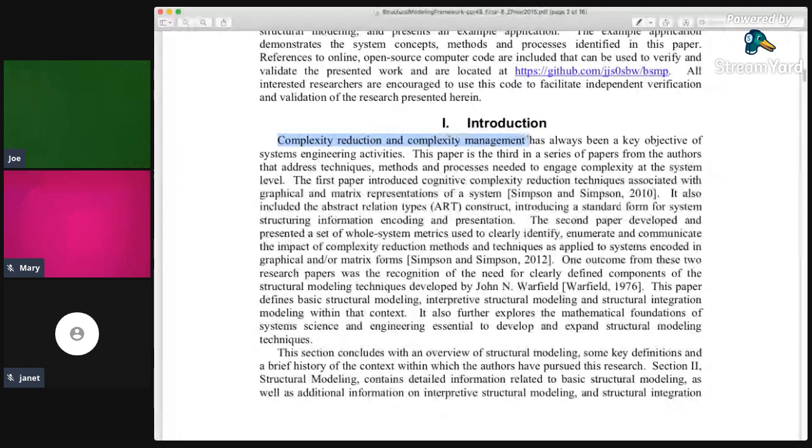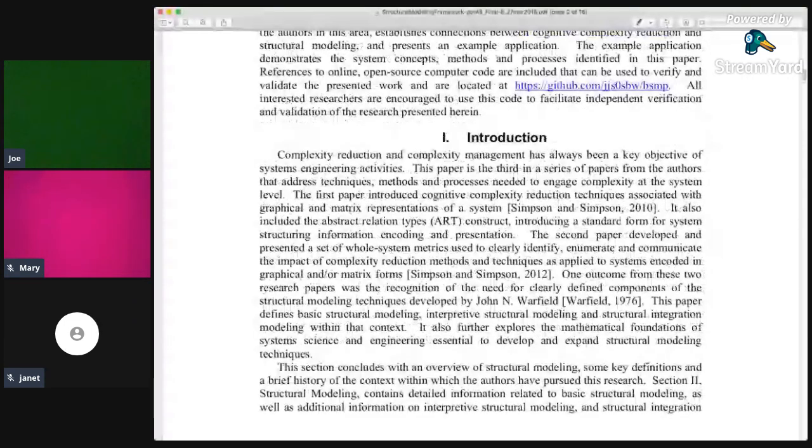And we brought in Warfield's work. We also brought in Combs' work into this one. The idea here is that uncertainty is reduced. When you reduce uncertainty, you reduce complexity, computational complexity and cognitive complexity.